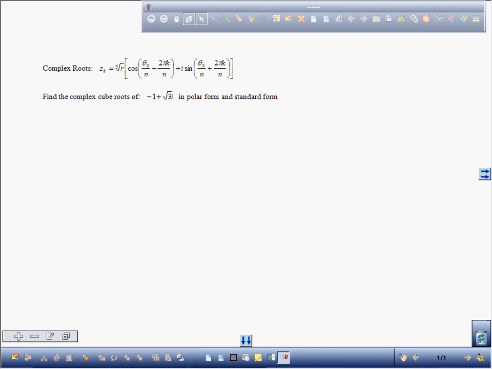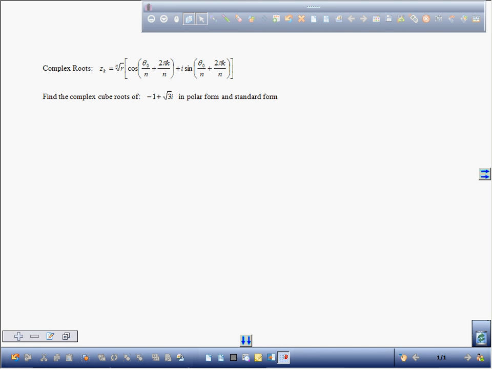So, yesterday I talked about de Moivre's theorem, and this here is kind of de Moivre's theorem in reverse. So all you do with this, and doesn't that formula look intimidating? Yes.